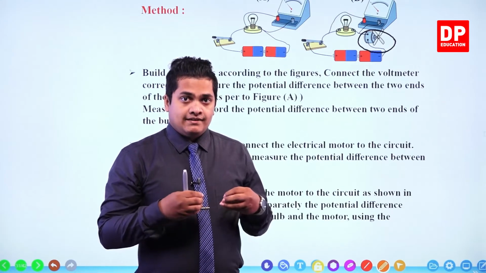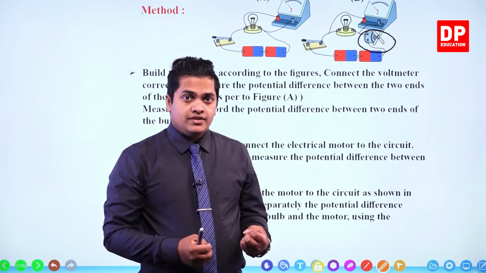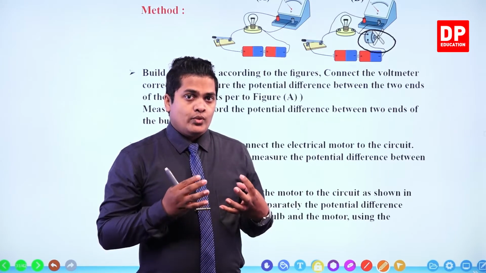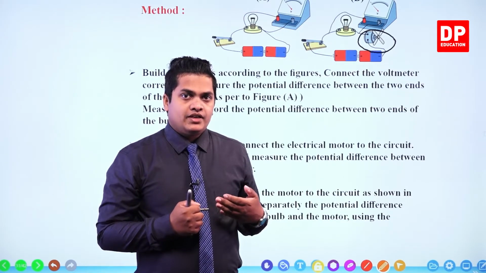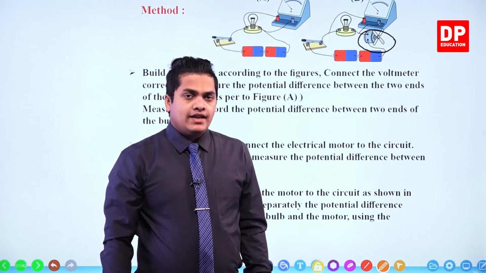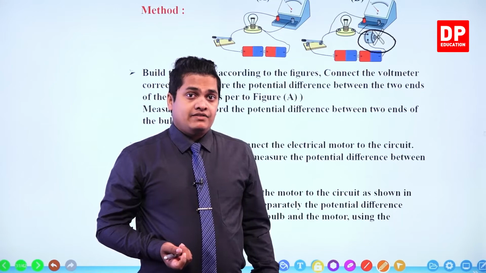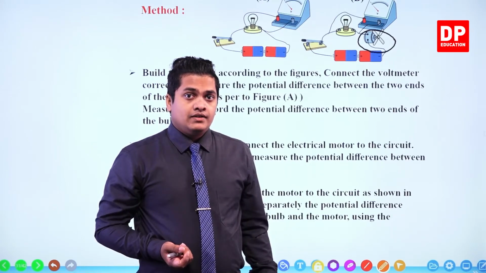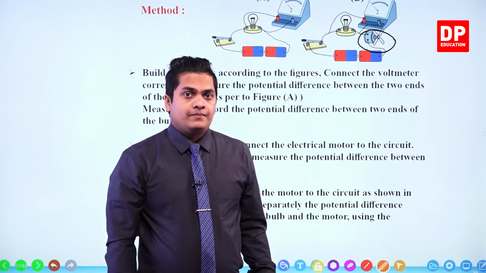I mean, we can get a sound knowledge in connecting these voltmeters, and also we can compare the values very carefully if you have two different instruments, a motor and an electric bulb. So when I'm conducting my activity with the electric bulb, I'll use a motor as well.